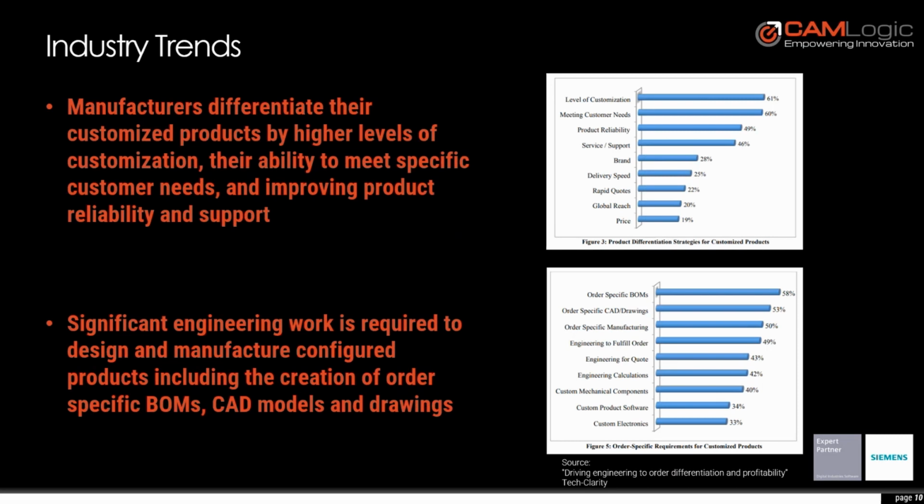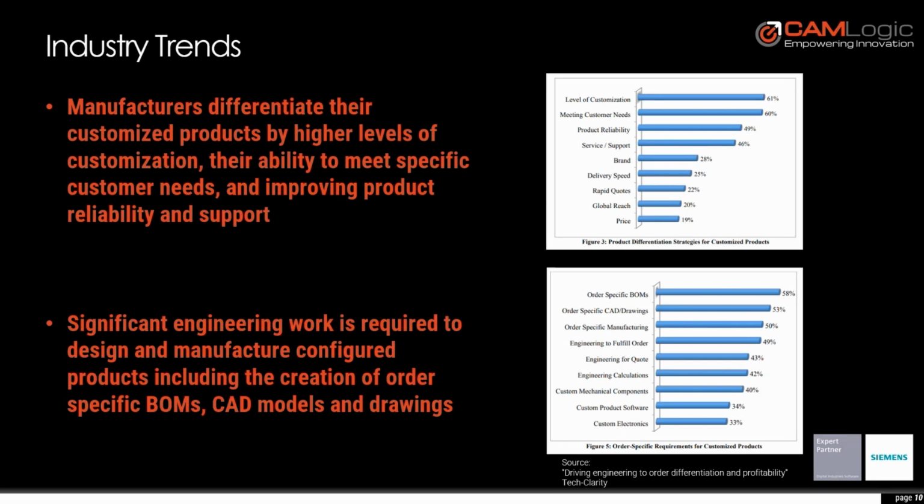Some other industry trends that we've noticed is that manufacturers have been differentiating themselves by offering higher levels of customization and continuing to meet the specific needs that a customer has with each order, and then continuing to improve that product reliability and support.